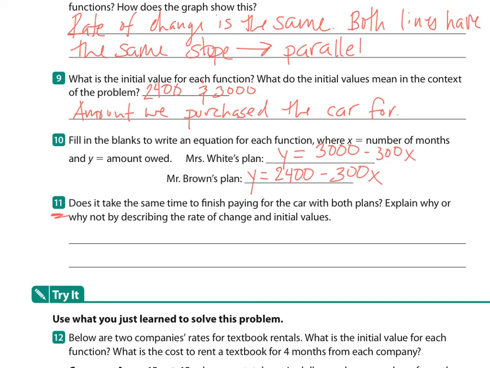Even though they pay the same amount each month, they didn't start with the same number. I'll just say on here, the cars were different prices. If they're both the same price, then yes, of course they would be.